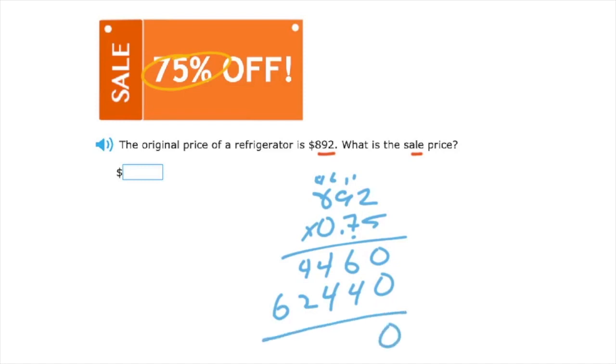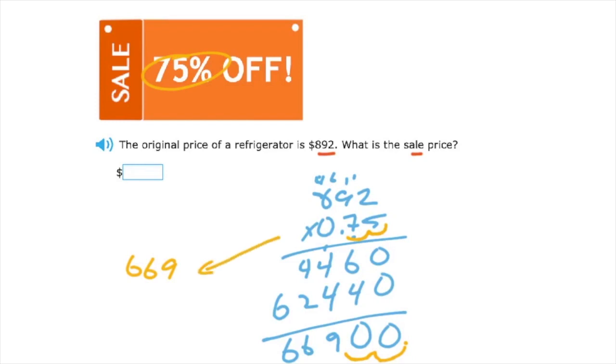Add everything together. Our total comes out to be 66,900. Wow, that seems like a lot, except what I haven't done is remember to move my decimal 2 spots over. So I'll scoot it 2 spots this direction, which gives me a total discount of $669.